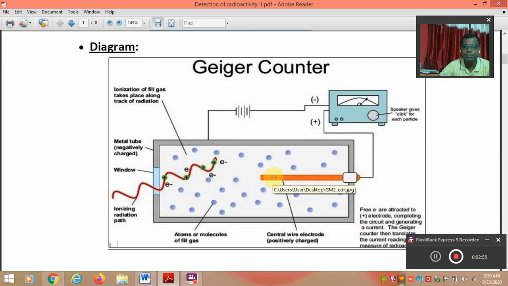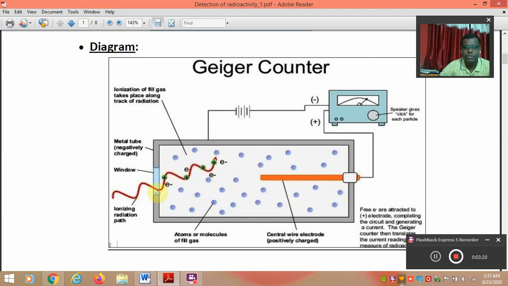It means it carries positive charge. What happens, dear friends, is that this tube made up of copper also contains a mixture of 90% argon and 10% alcohol or bromine vapor.